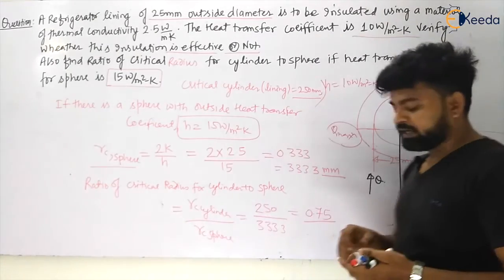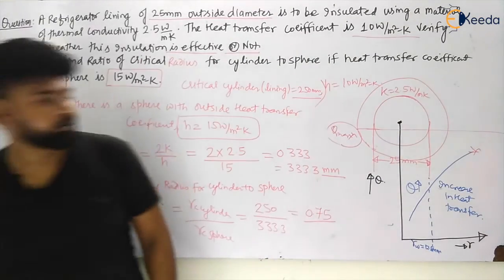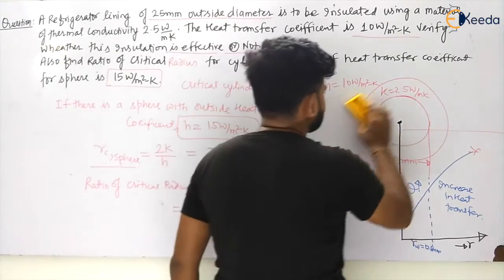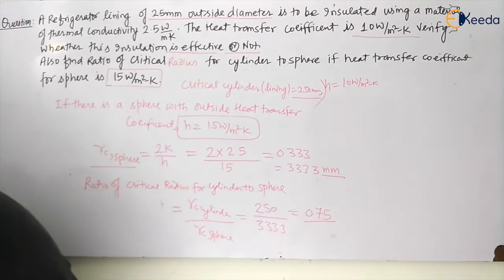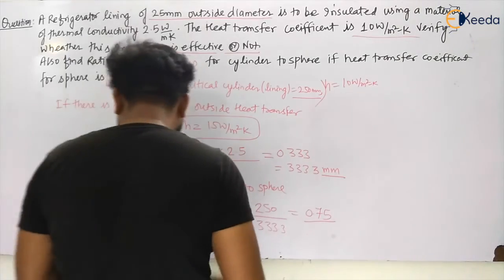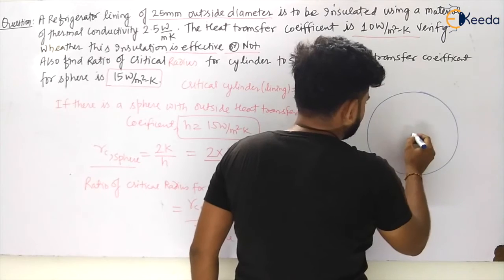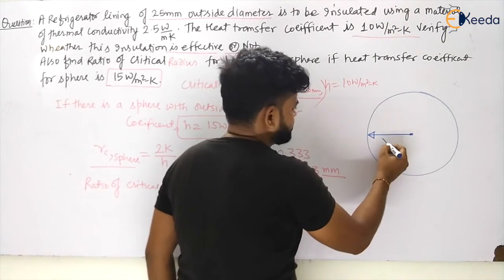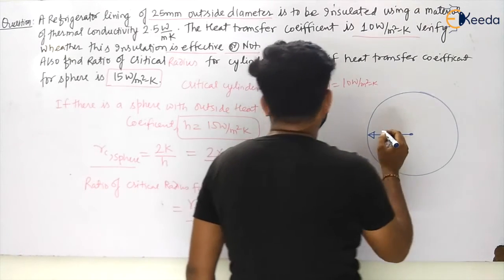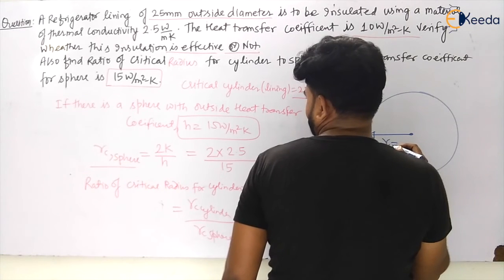So in case of a sphere, my dear students, similarly, when we are increasing that RC, let us say this is R1, and the sphere is having some radius with heat transfer coefficient h given.